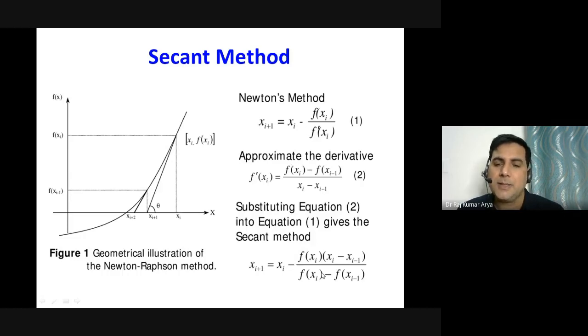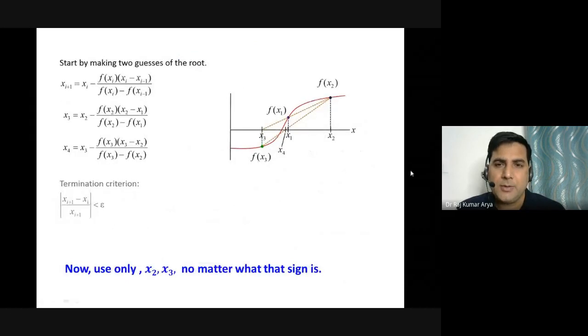Here you are taking just two values, no matter whether your function value is plus or minus, and just converging, moving faster toward your roots. This would also converge most of the time. I hope you might have tried this also, right?